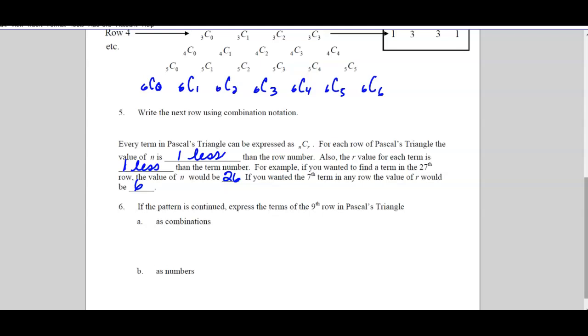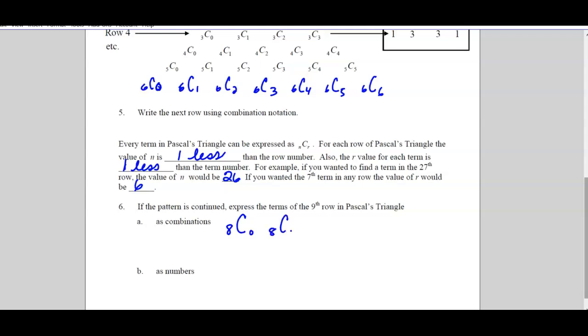Okay, we skipped to the 9th row. So based on what we know there, your first value in here is 1 less than the row number. So if we're looking for the 9th row, we're going to have 8C, and you always start at 0.